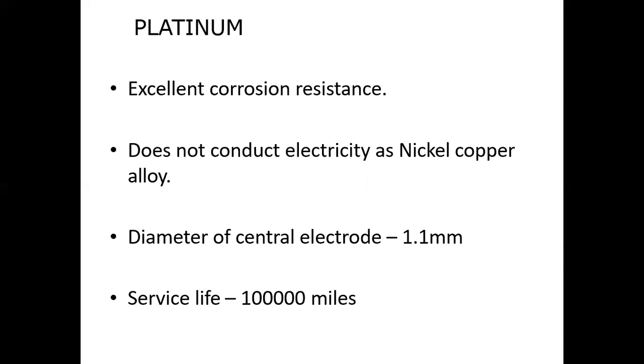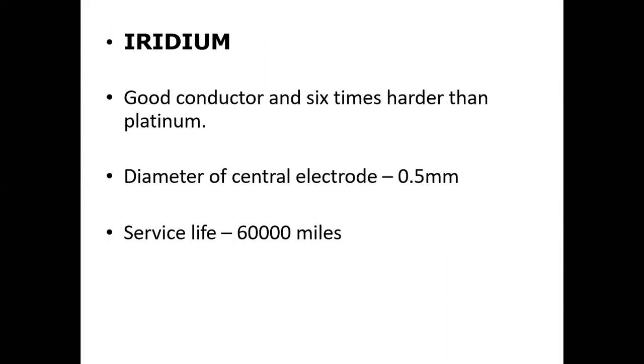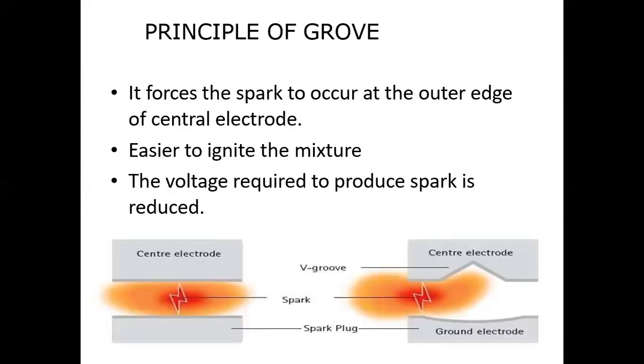The diameter is 1.1 millimeter, and the service life is 1 lakh miles. Iridium is a good conductor and 6 times harder than platinum. The diameter is 0.5 millimeter, and the service life is 60,000 miles.